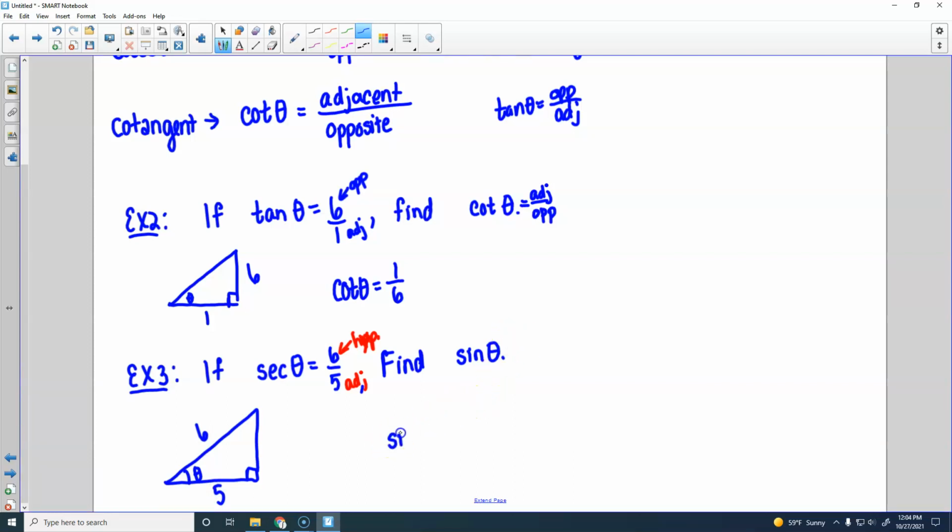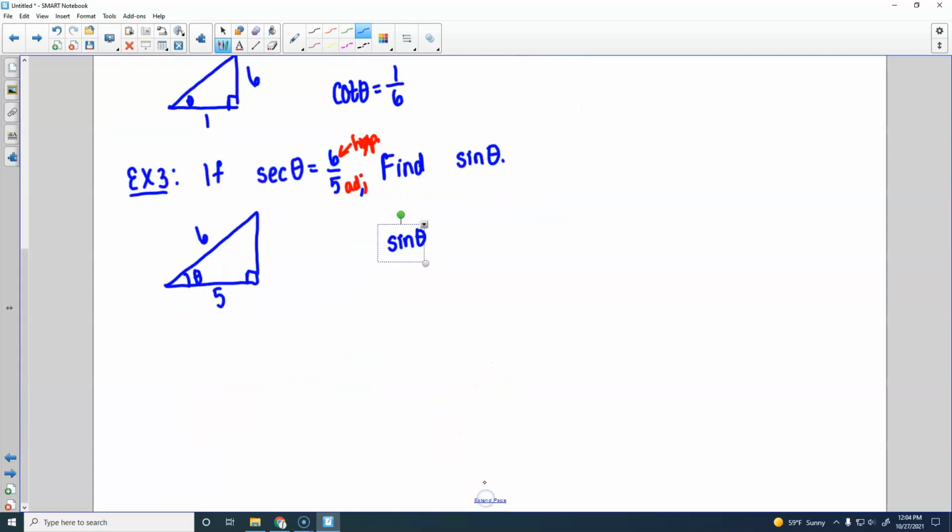We know sine is going to be opposite over hypotenuse. So we need to find this opposite side right here. We don't have that. We do know the hypotenuse is going to be 6 there on the bottom. So again, we can use the Pythagorean Theorem here, so it'd be 5 squared plus b squared, or whatever you want to call it there, equals 6 squared.